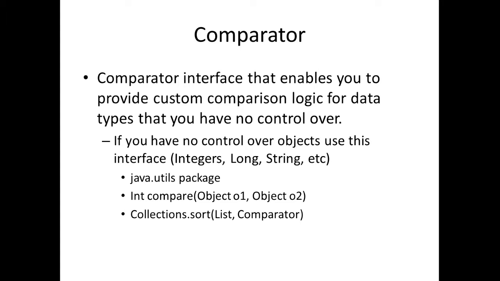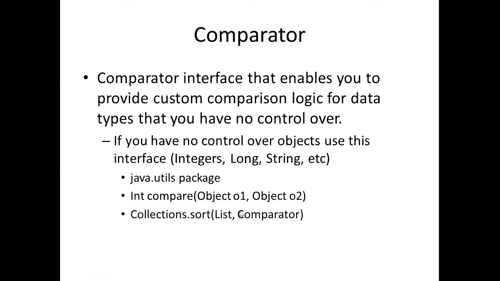Another thing I wanted to talk about is the collections.sort. I'm not sure if you guys are familiar with this method, but the collections.sort method in itself is basically a method that is used to sort elements within an array list. So just imagine none of these parameters were here for right now.